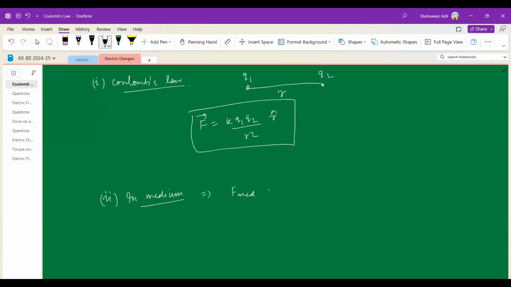This is in air, so it is simply 1 by 4 pi epsilon naught. In the medium it becomes epsilon, not epsilon naught, and then Q1 Q2 by R square. This epsilon is the permittivity of the medium, equal to epsilon naught K, where K is the dielectric constant.